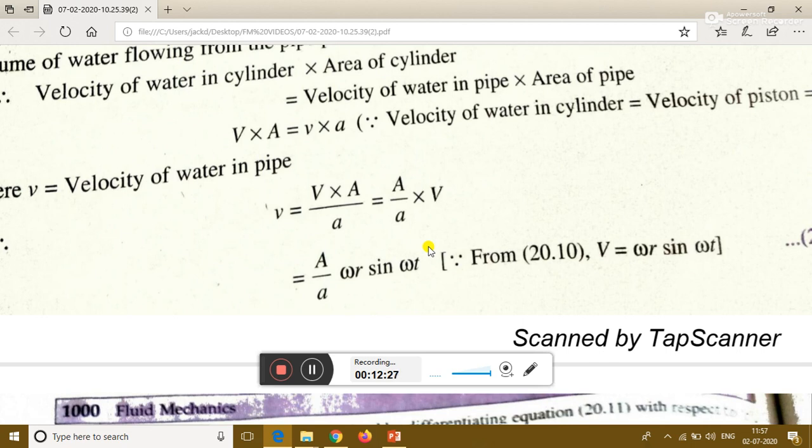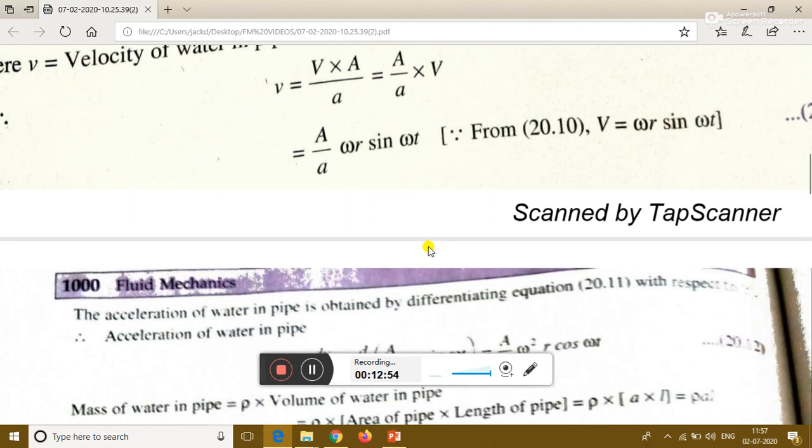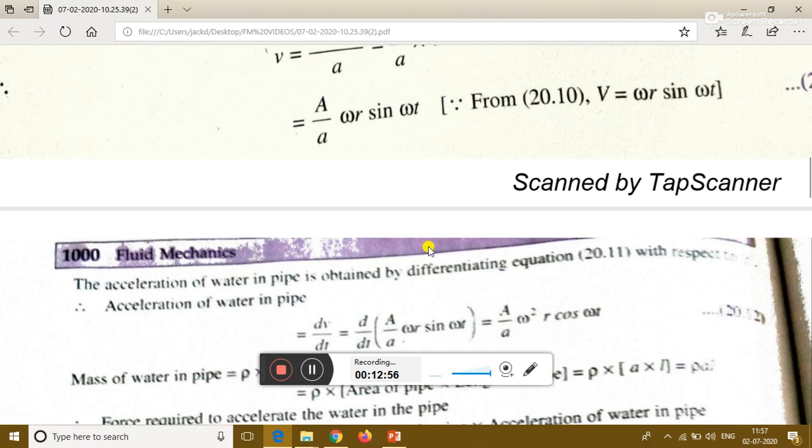Then for velocity we differentiated that and obtained the equation for velocity. Then we applied the continuity equation and said the volume of water per second in the pipe will be equal to the volume of water per second in the cylinder. Then we took the area of the cylinder and velocity of the water in the cylinder and equated it to the area of the pipe and velocity of water in the pipe, and you got the expression for velocity of water in the pipe as capital A by small a into omega r sin omega t.